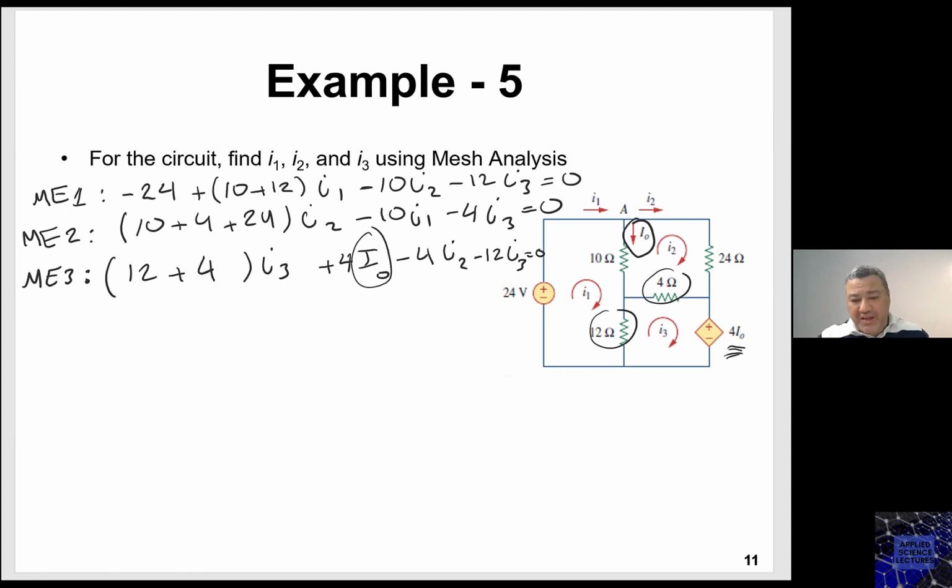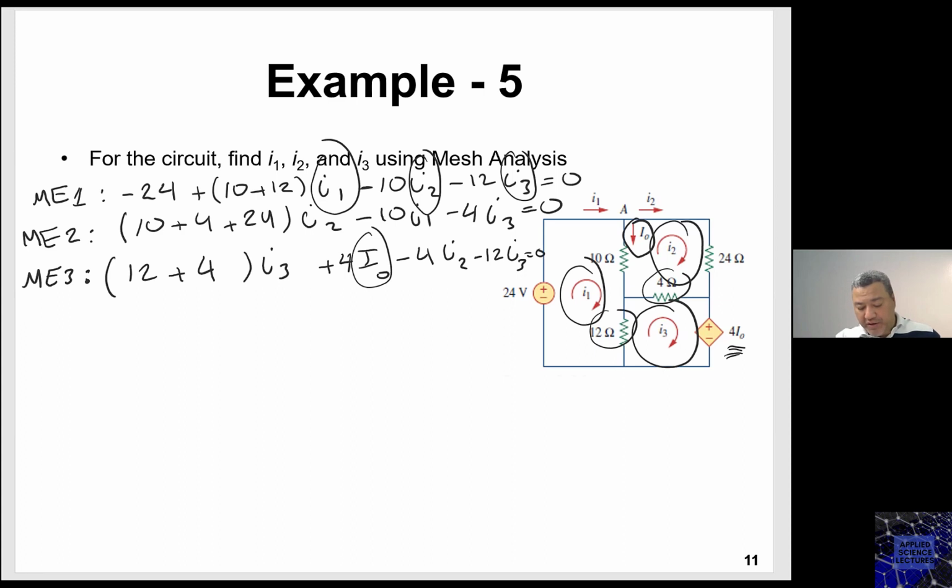So what are the standard variables in mesh analysis? The mesh currents, the ones that I have written my equations in terms of. So I need to find the relationship between my I naught and those small i's. So let's see.